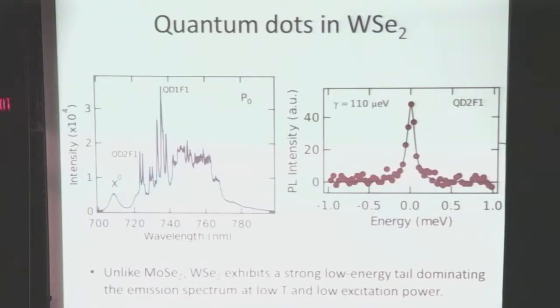This feature at very low powers develops very sharp peaks, and it is these peaks that are not resolution limited but relatively narrow that motivated us to ask if they can be associated with quantum dots or whether they exhibit quantum light emission.